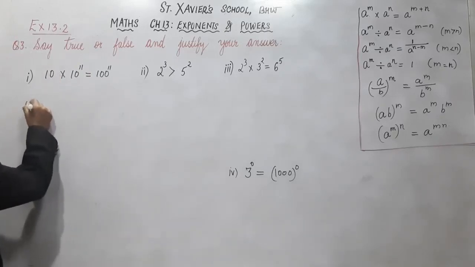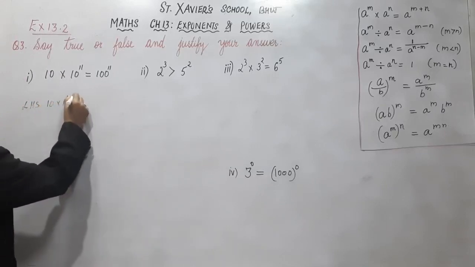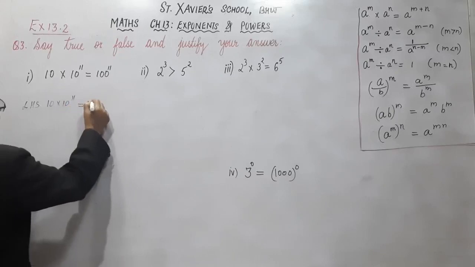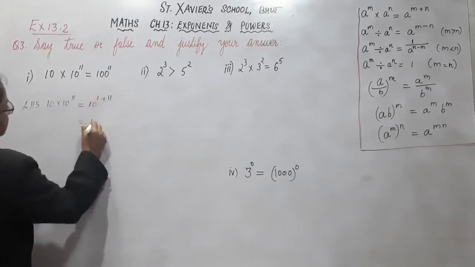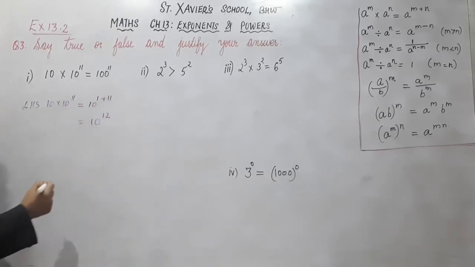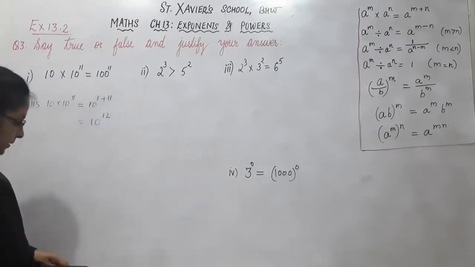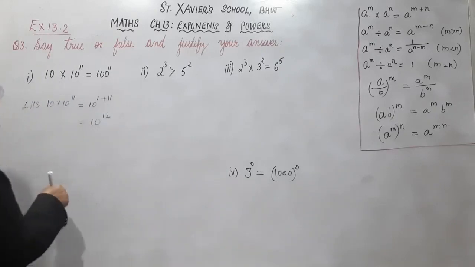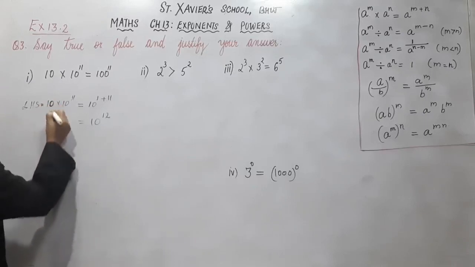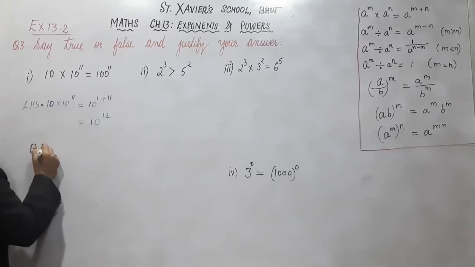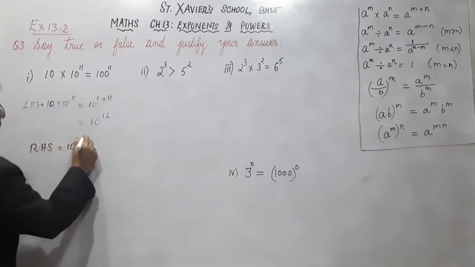Here let's find out the value of LHS. What is LHS? 10 into 10 raised to 11. That is 10 raised to 1 plus 11, which is equal to 10 raised to 12. Now RHS is equal to 100 raised to 11.